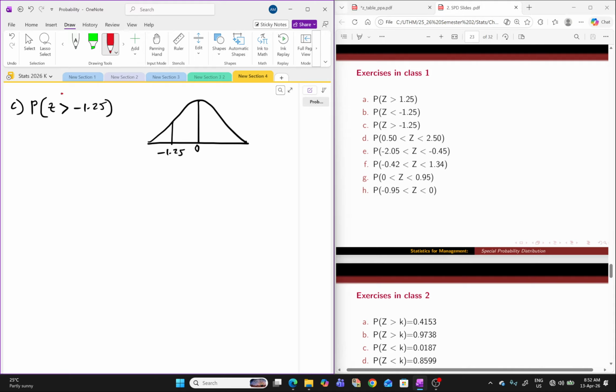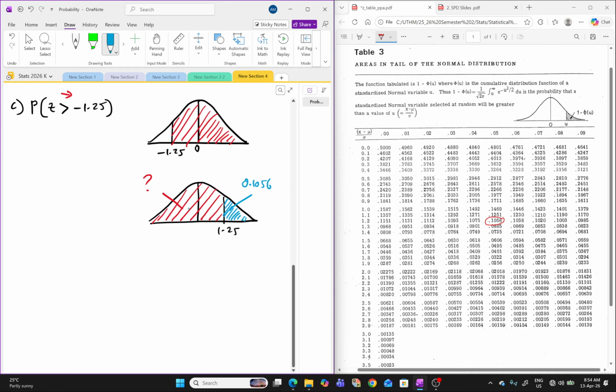In the table, which area we can find in the table? The right hand side, the blue color. The table will give you this area, not this area. Dia akan bagi sebelah kanan saja. Find the blue color area first. 1.25, just now 1.25 is the same thing here. This is actually 0.10. How to find the red color?